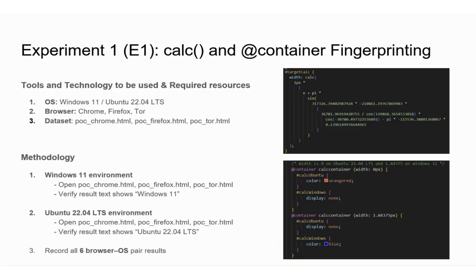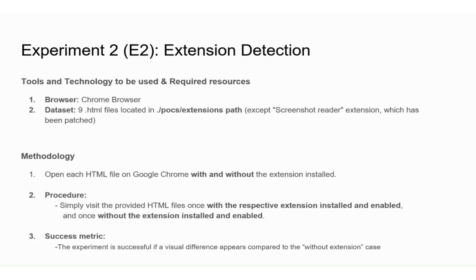Second, in the Ubuntu 22.04 LTS environment, open the same three HTML files. Verify that the result text shows Ubuntu 22.04 LTS in each browser. Finally, record all results.